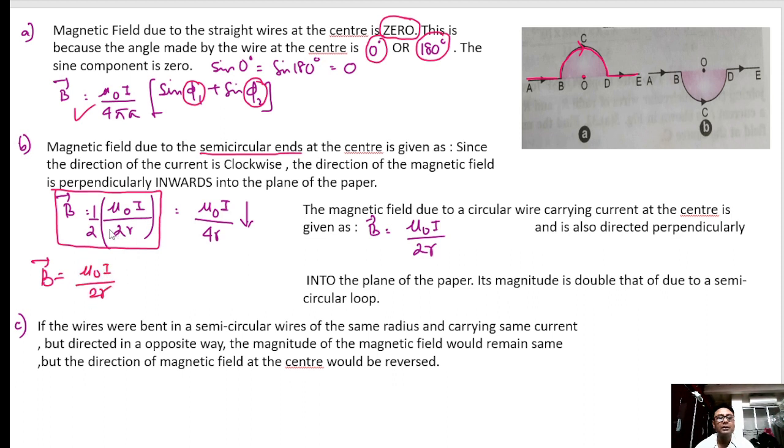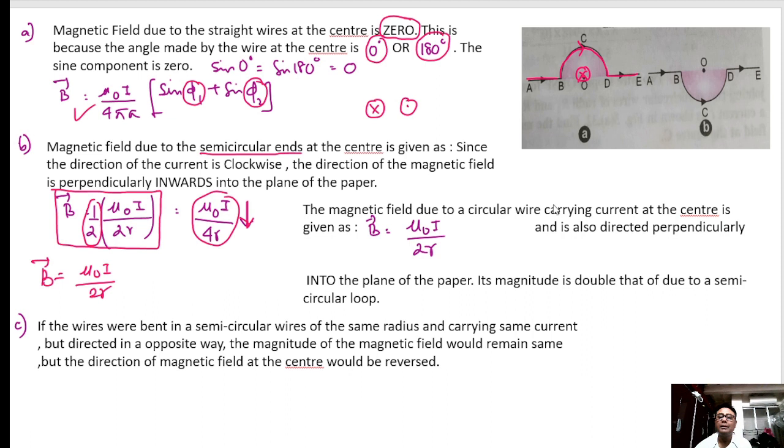So due to the half circle it will be half, which is this. And since it's clockwise, please note here, the magnetic field will be perpendicularly into the paper, so it will be a cross. Cross means into the paper, dot is perpendicularly out of the paper.